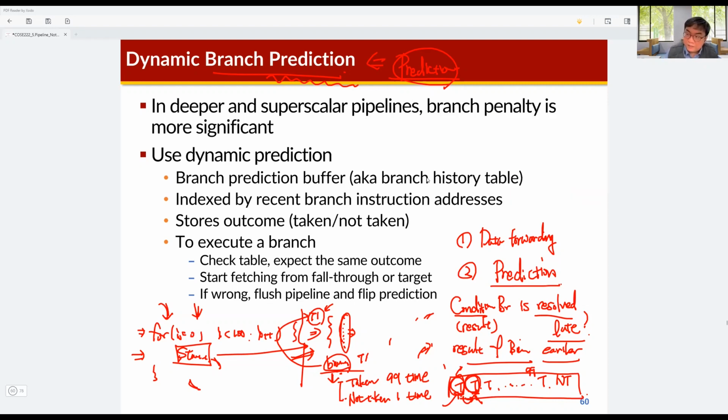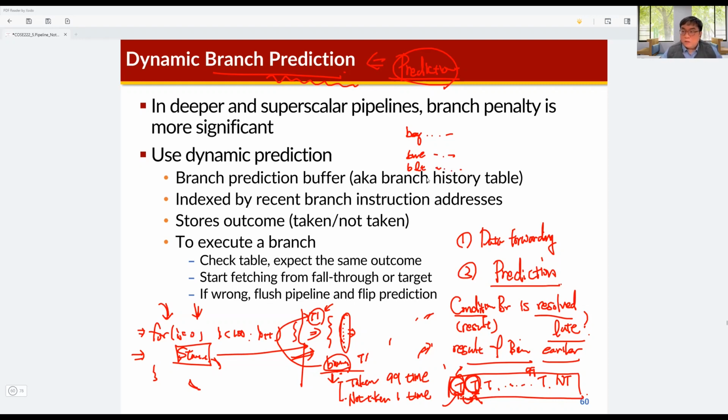So for this prediction, we need to check the previous result of the branch instruction. That means that we need to store the previous result of a certain branch instruction. Like this is the BEQ, and the BNE, and BLT.